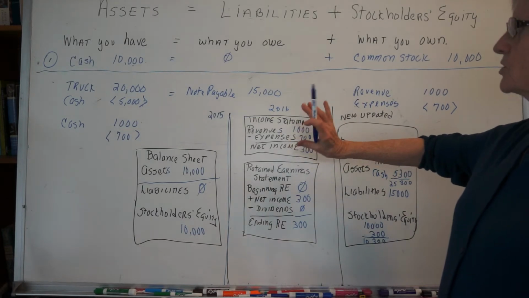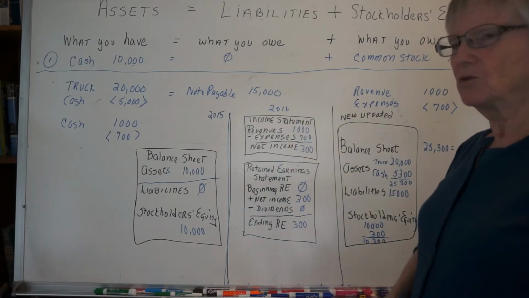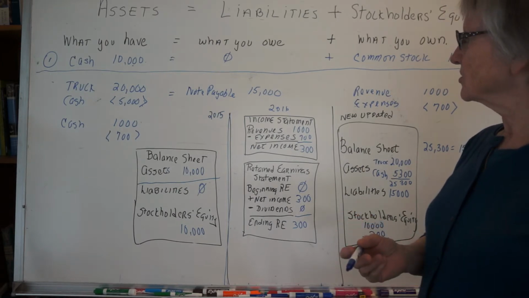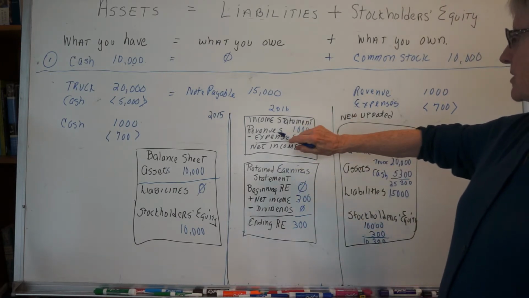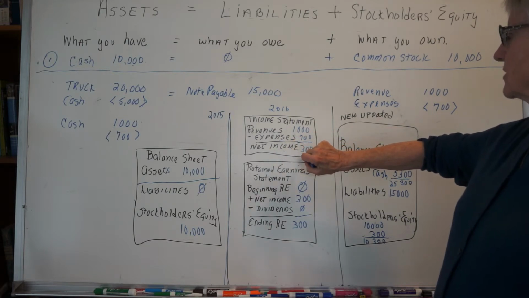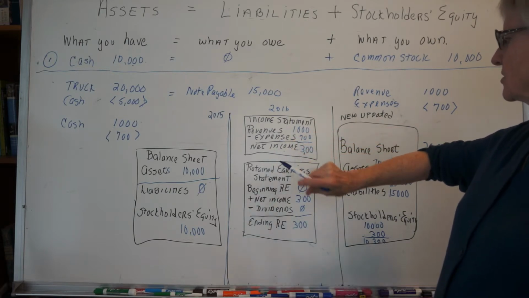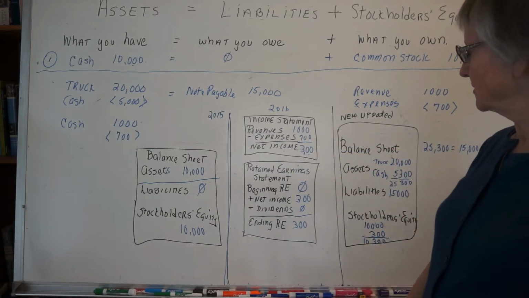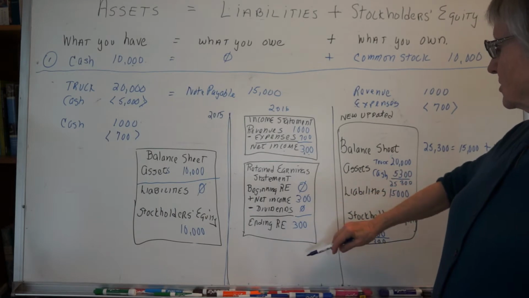So we go out, we use the truck, we use our assets to generate income. So we're out there, we're making income, we're paying expenses, and we end up with net income. At the end of the period, we do the income statement, and we see how much income we've made. Then we do the retained earnings statement.